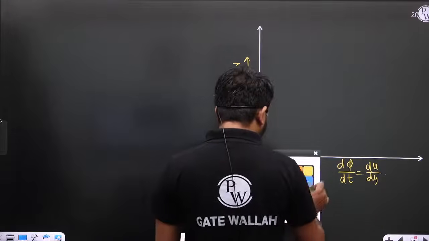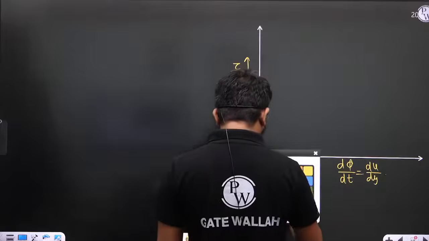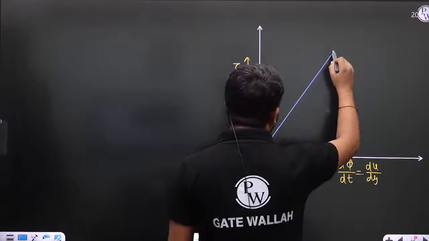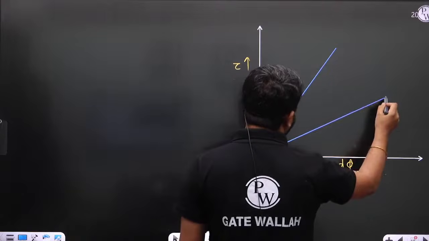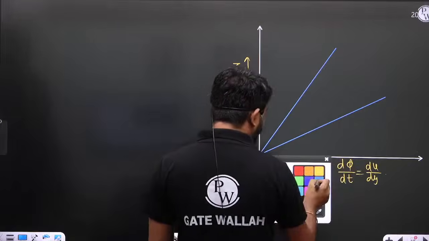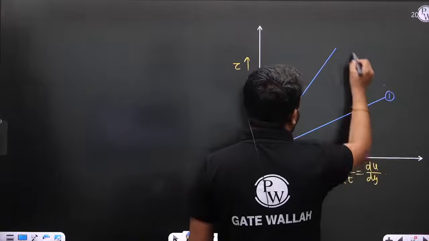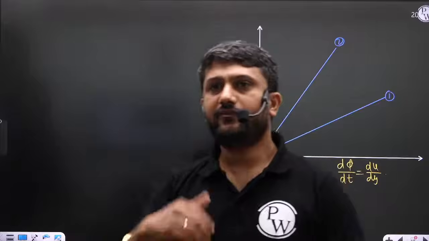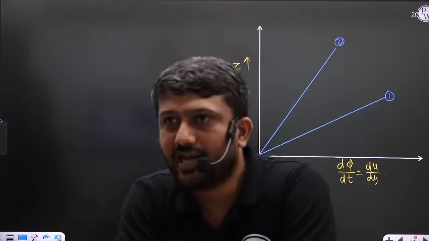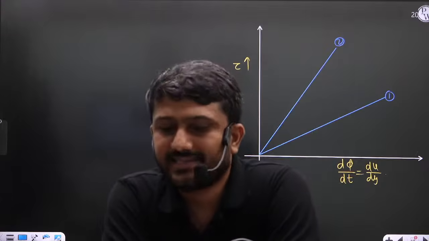Now I'm showing two graphs, graph number 1 and graph number 2. Can you tell me which graph is for liquid and which graph is for the gases?